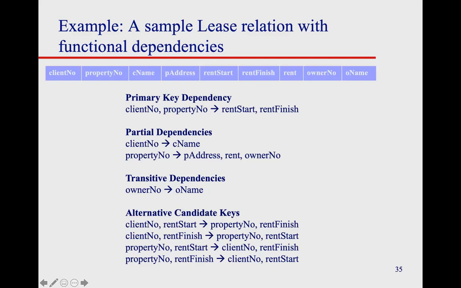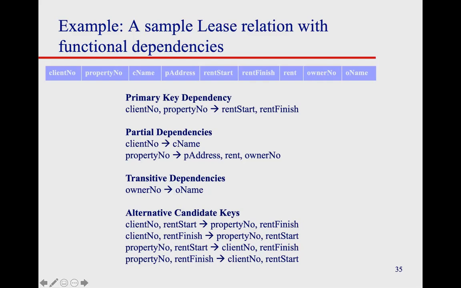And then the owner number is going to determine the owner name. And then together, the client and the property are going to determine when the lease starts and finishes. And we're assuming that the client cannot rent a property multiple times, so that if we know the client and the property, we know when the rental period started and finishes.